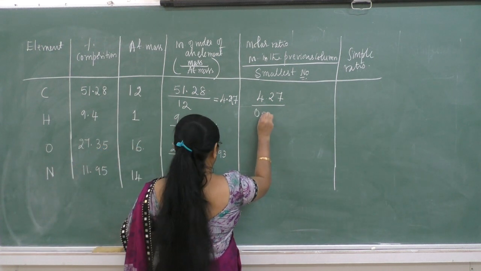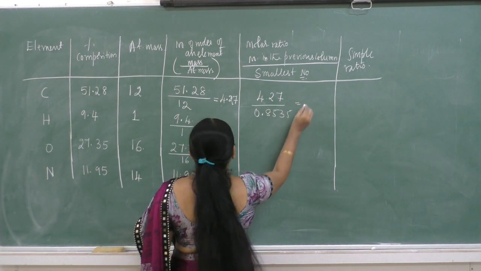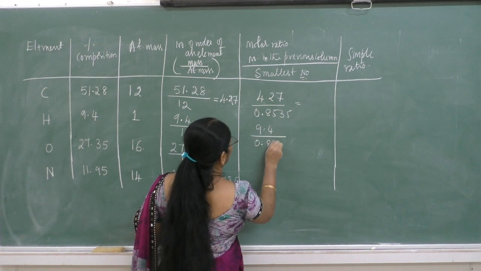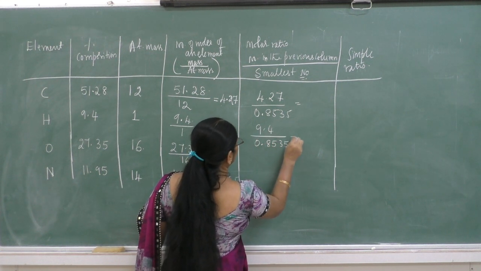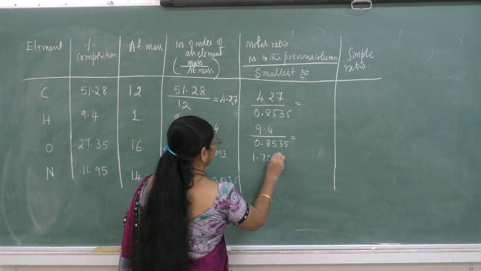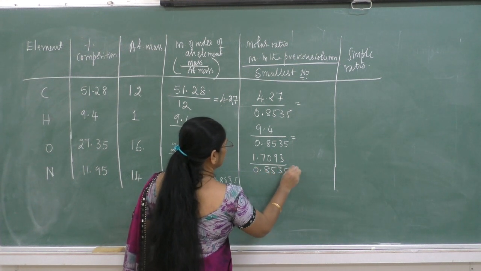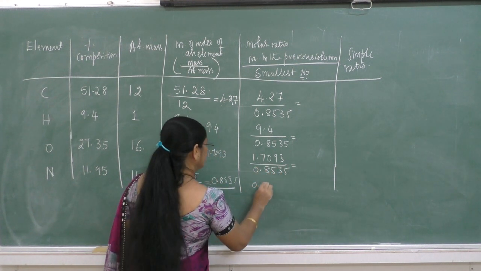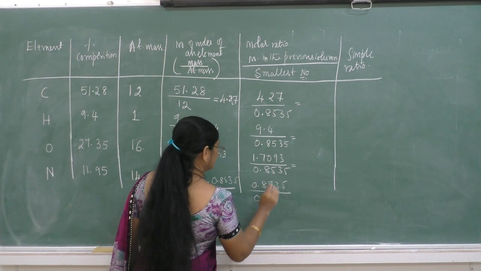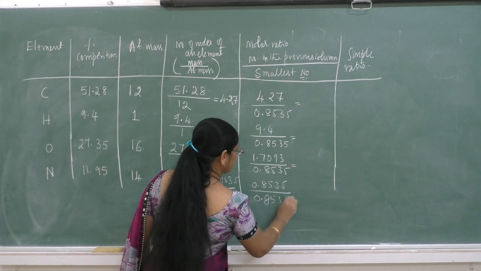Then divide 4.27, 9.4, 1.7093, and 0.8535 each by 0.8535.